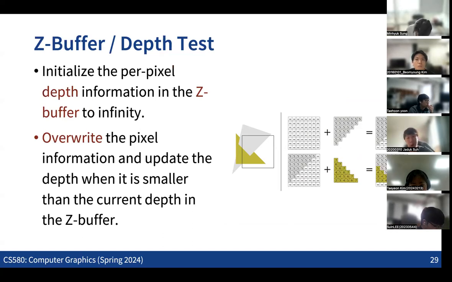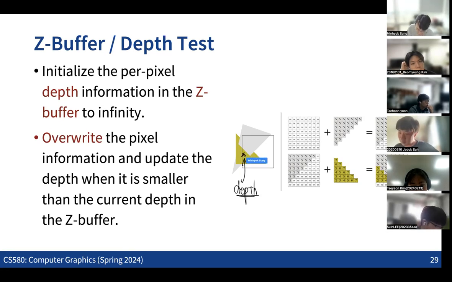When you have, for example, the three vertices of a triangle, for all the pixels included in the triangle, we interpolate the vertex information and fill out the pixel information based on the interpolation. But in this process, we are also storing the depth information, the normalized z-axis information, for each pixel.